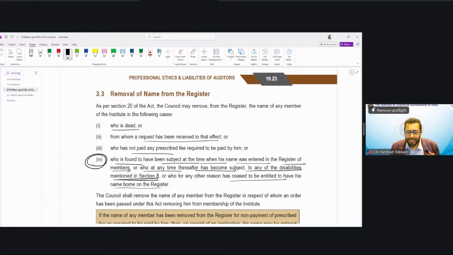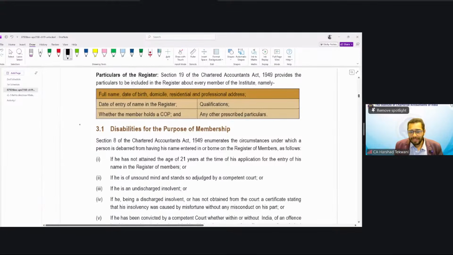Now, for this, we need to understand what Section 8 is. Disability for the purpose of membership. There are various grounds given that a member will be debarred from having his name entered into the register of members if any of the disabilities is attracted.